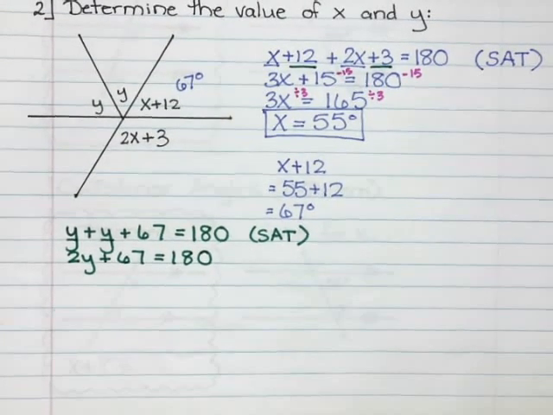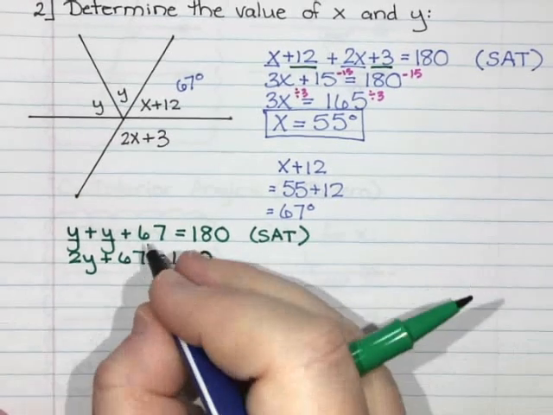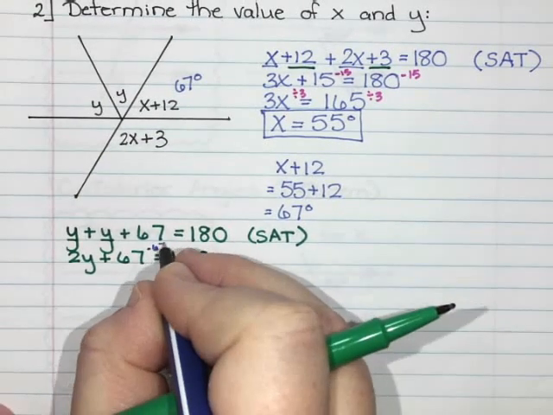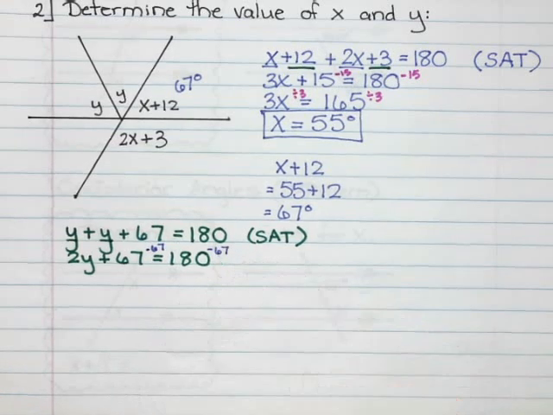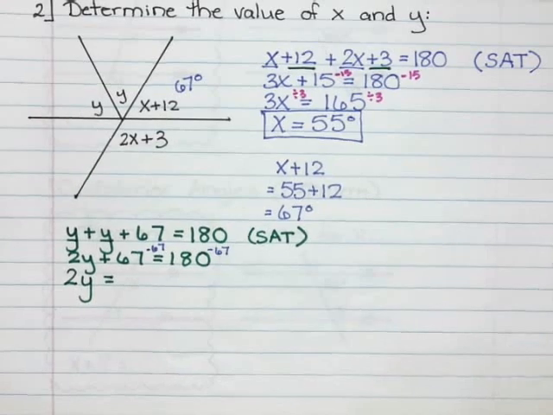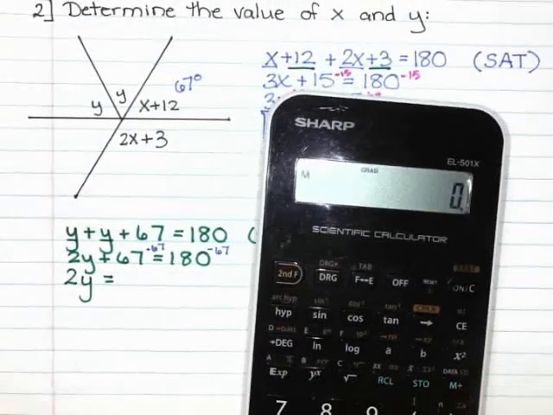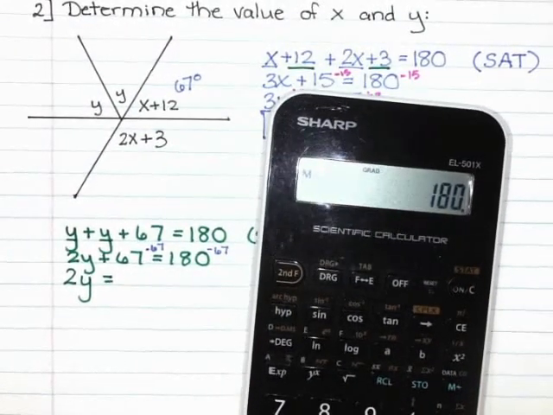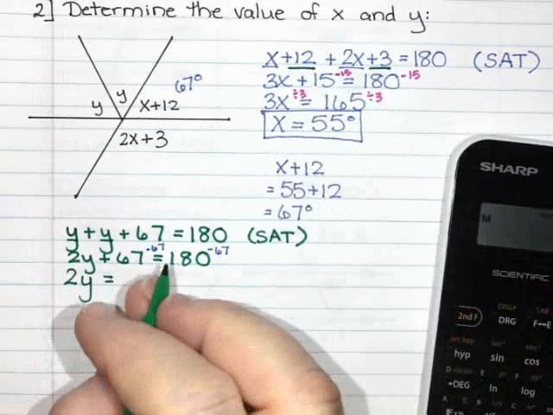And then I need to solve. So I'm going to subtract 67 from both sides. So 2y equals, I think that should be 113. So 180 minus 67 is 113.